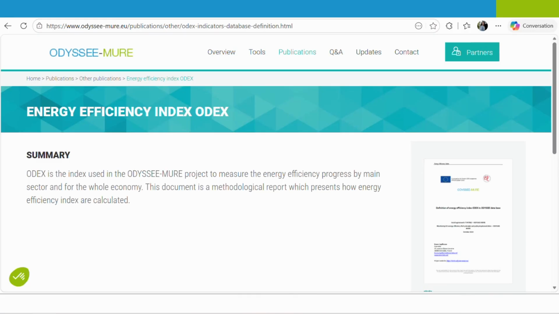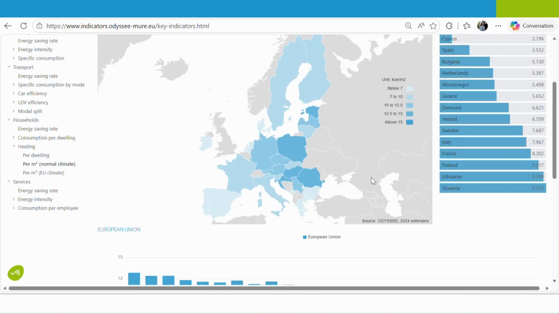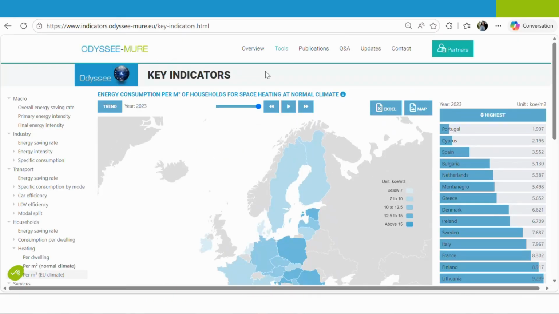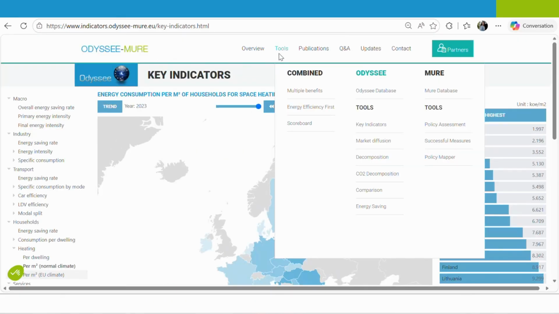So if we go back to the households example that we were looking at earlier, that means that we can include indicators that are expressed in kilowatt hour per appliance, in ton of oil equivalent per square meter for heating or cooling, in total per capita for water heating, while keeping a harmony in the combined index, which is the ODEX. So ODEX can also be calculated for final consumers as a whole.